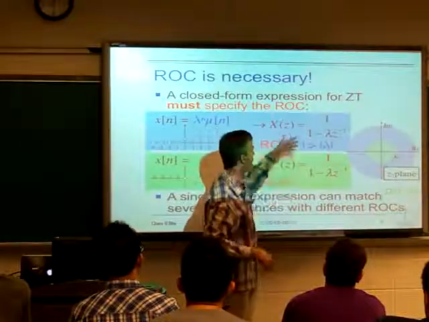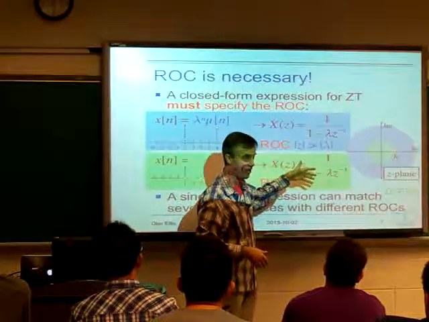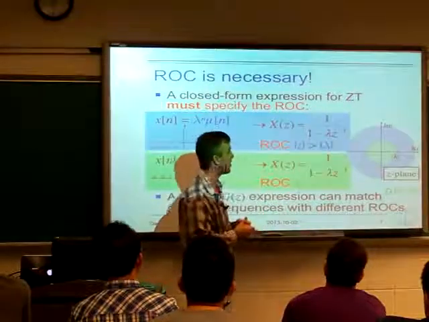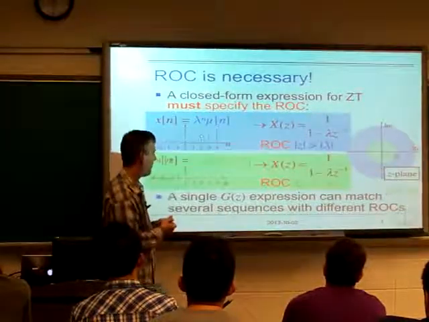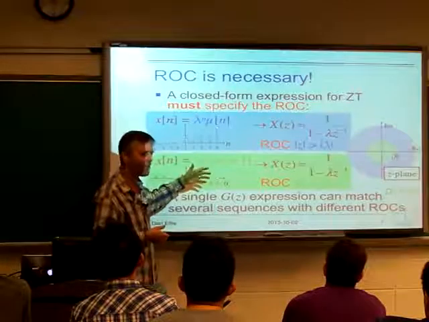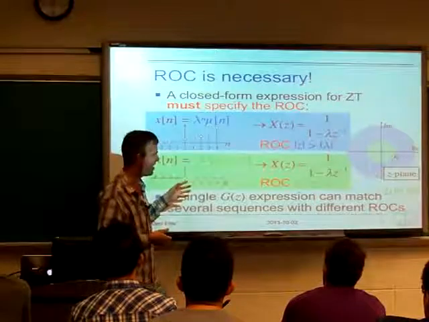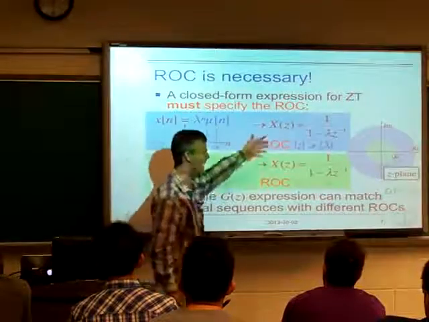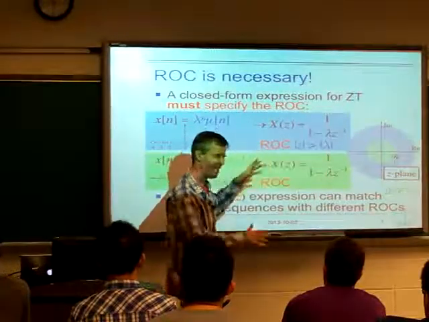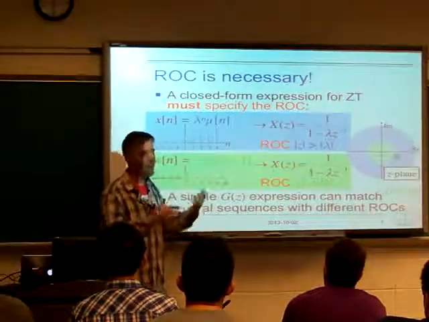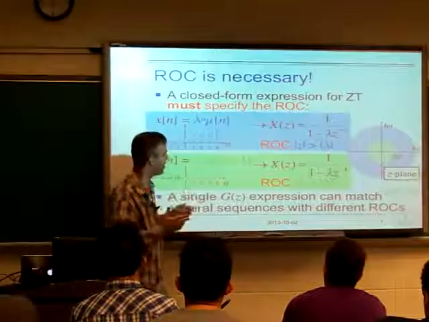But it happens they have the same closed form expression because the closed form expression is valid over different ranges of values of z. And so this is possibly the most confusing way of presenting it, because it's like, wait, you're saying the z transform is the same, but the sequences are different. No, this is just a way of revealing why this is a tricky and confusing thing.